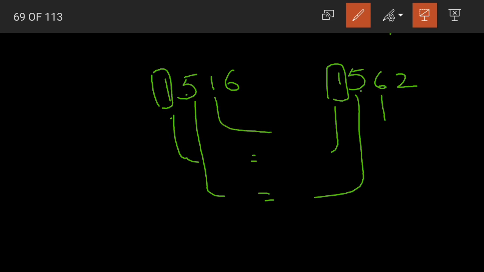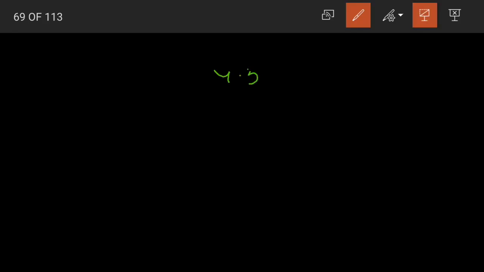Then we'll go to the next place, that is our tens place. We have 1 and then we have 6. So 1 is less than 6. So the number 1516 becomes less than our number 1562. In the same way, here we had two decimal numbers 4.5 and 4.8.